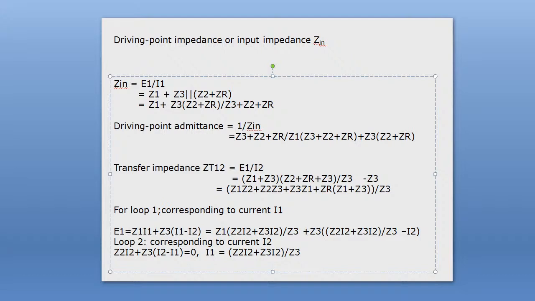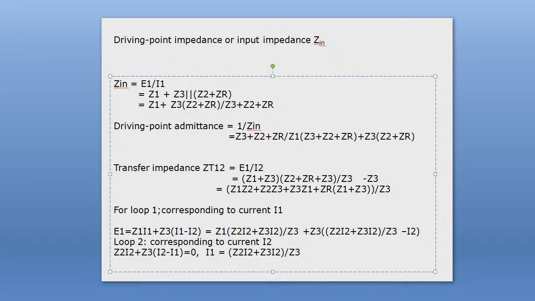On the other hand, if you know the values of transfer impedance and driving point impedance, then you can calculate the corresponding admittances.